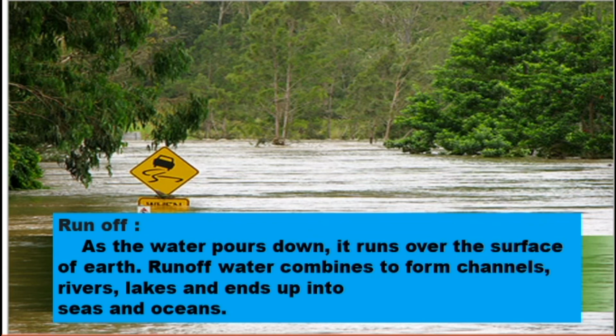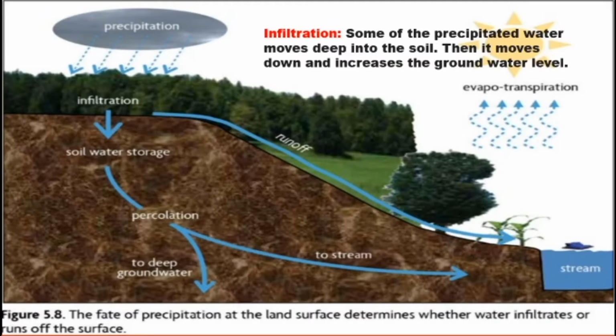So that we will see next. Look at infiltration. Some of the precipitated water, meaning rainwater, moves deep into the soil. Then it moves down and increases the groundwater level. This is the runoff water on the surface above the ground. Here infiltration, so the water gets inside the soil.